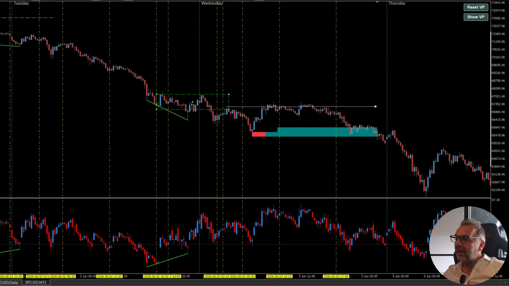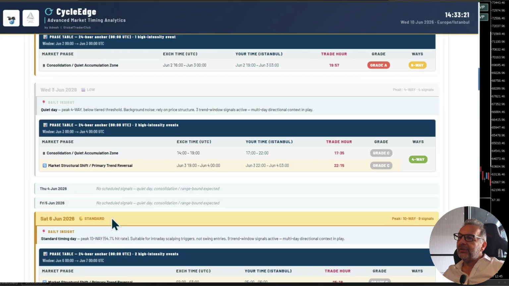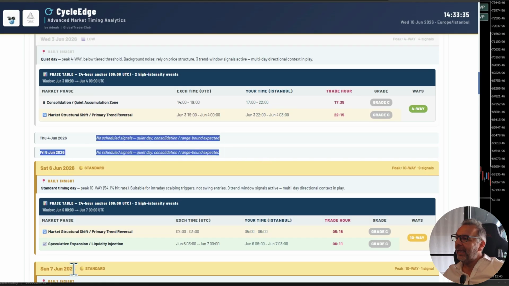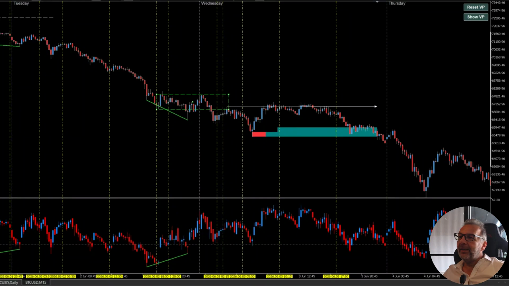And what does CycleEdge tell us? It says, look, multi-day directional context in play. Follow the trend. Thursday, Friday says relax, nothing happening, so I can have a long weekend.